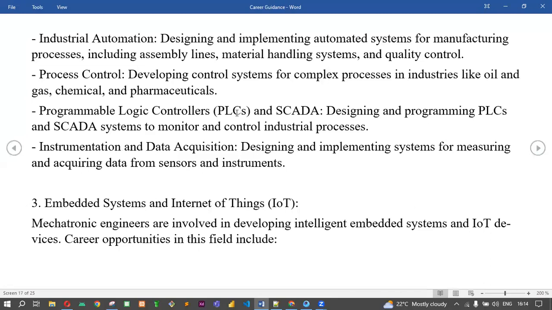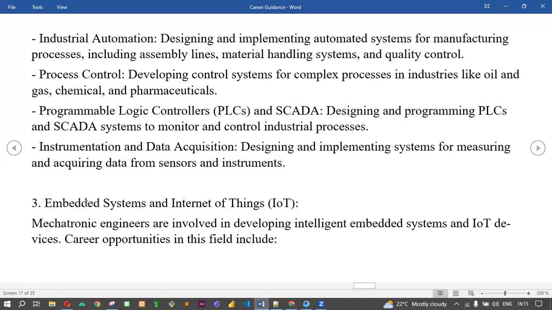Those control machines that move from one area to another, all those are being designed under mechatronic engineering. Instrumentation and data acquisition, all these are being designed using sensors and instruments. All that is covered under mechatronic engineering.